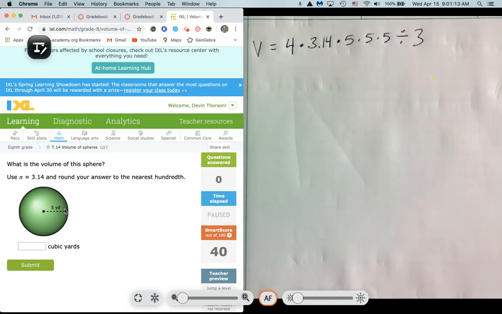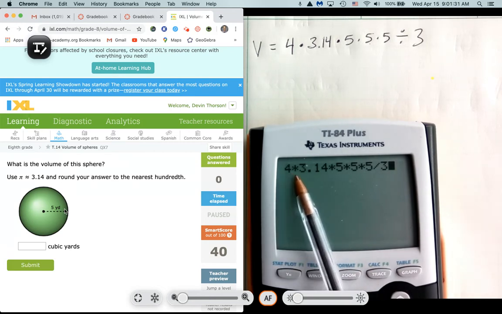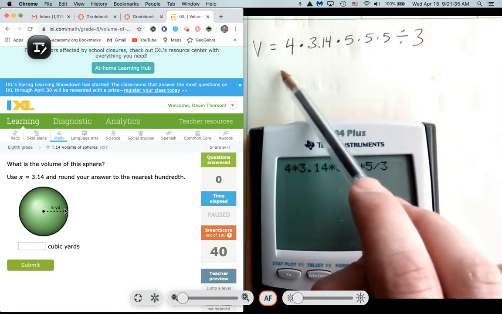On my calculator, I'm just going to type that in: 4 times 3.14 times 5 times 5 times 5 divided by 3. If you can see on my calculator, that's the way I typed it in, or as I've written it down right here, it's exactly the same.